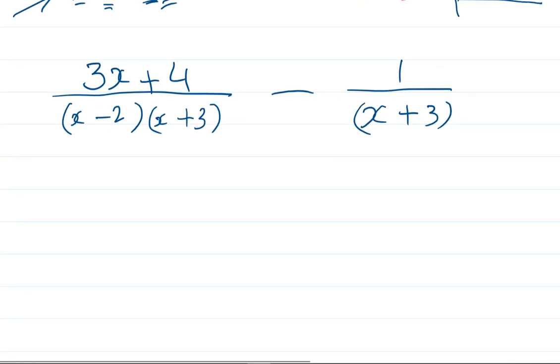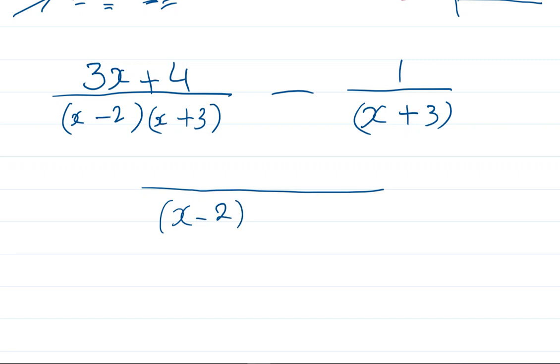After factorizing the quadratic expression, I'm going to check how to make it a single fraction. If you see here, I have x plus 3 and here x plus 3. So x minus 2 times x plus 3, this is what I needed. So I'm going to make it a single fraction over x minus 2 times x plus 3.